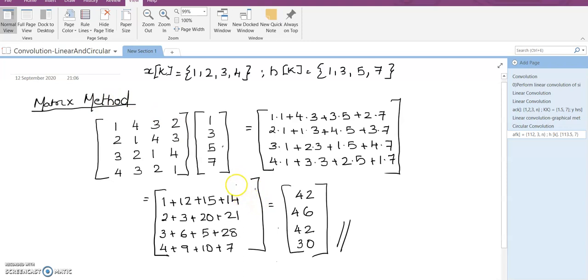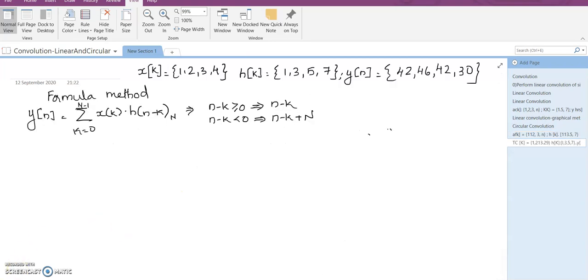We'll try to solve this problem with the other two methods and see if the answer is also correct. Right now we are going to use the formula method for solving this problem, where x of k is 1, 2, 3, 4, h of k is 1, 3, 5, 7, and we have to get the result 42, 46, 42, 30, which was obtained in the previous method.